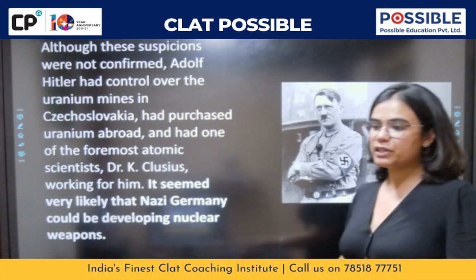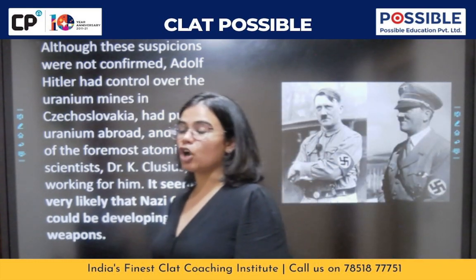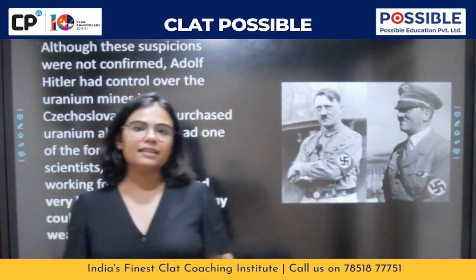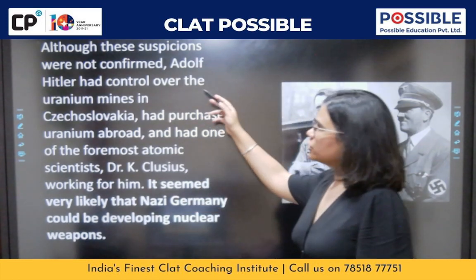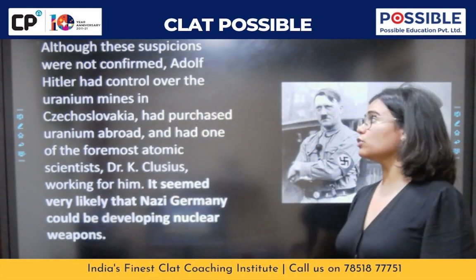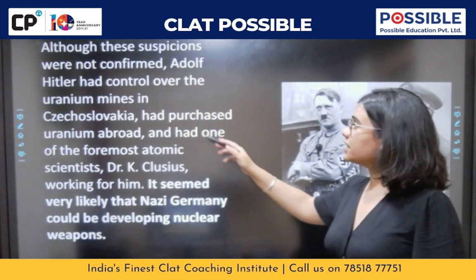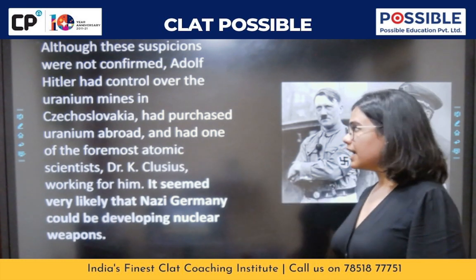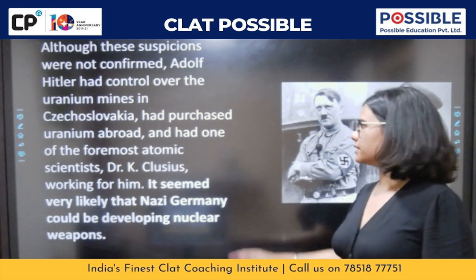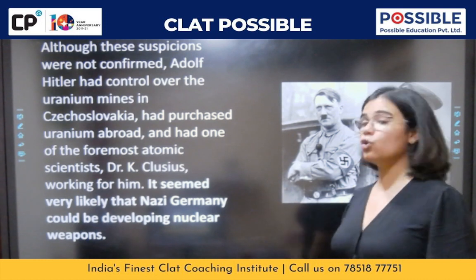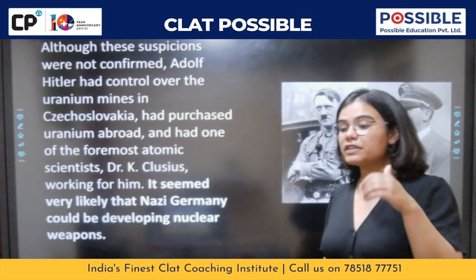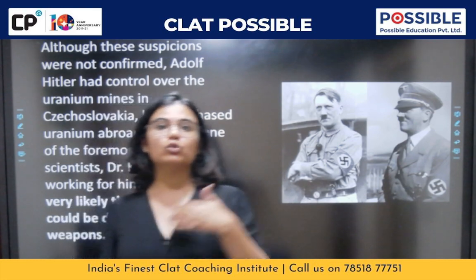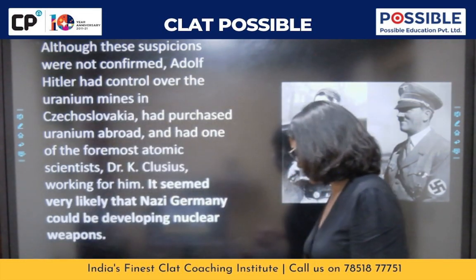Although it was never really proved, it was said that he had control over uranium mines in Czechoslovakia. He had purchased uranium abroad, and he had one of the best scientists working with him. So it was a very, very big possibility that they were likely to develop nuclear weapons.